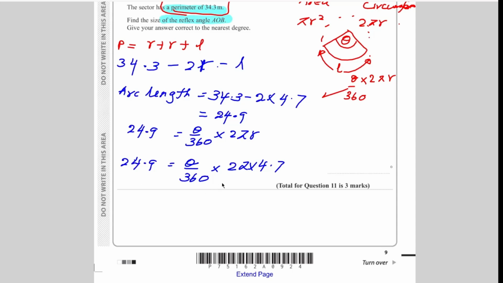So 24.9 divided by 2 pi and by 4.7, times 360, equals theta. So straight away use the calculator.